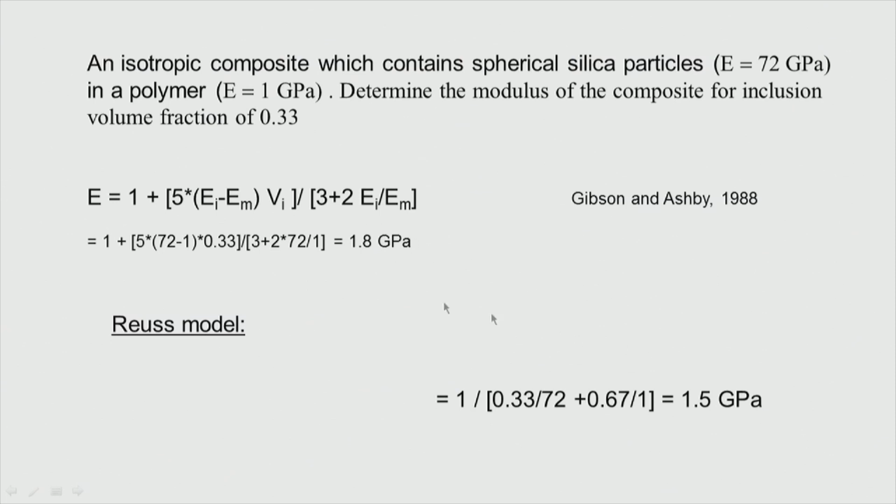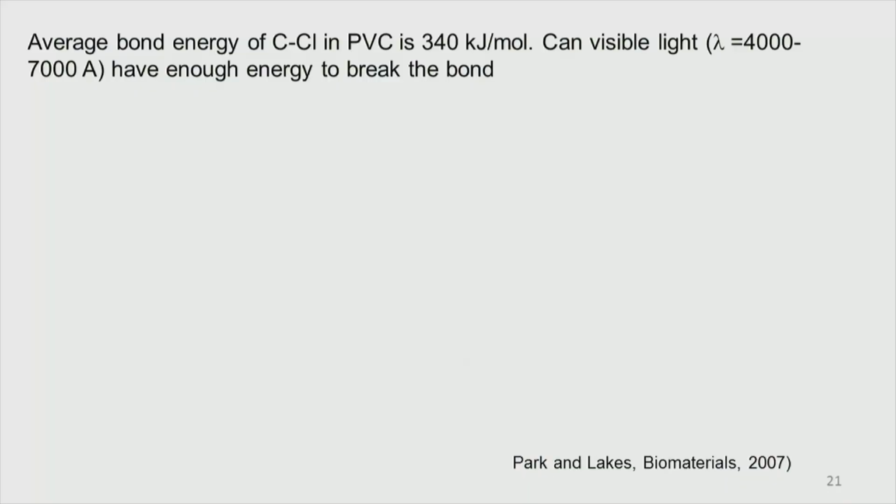So, some difference you can see. So, depending upon the type of model which we use, we can get slightly different numbers for the composites. Okay. So, let us look at another problem.